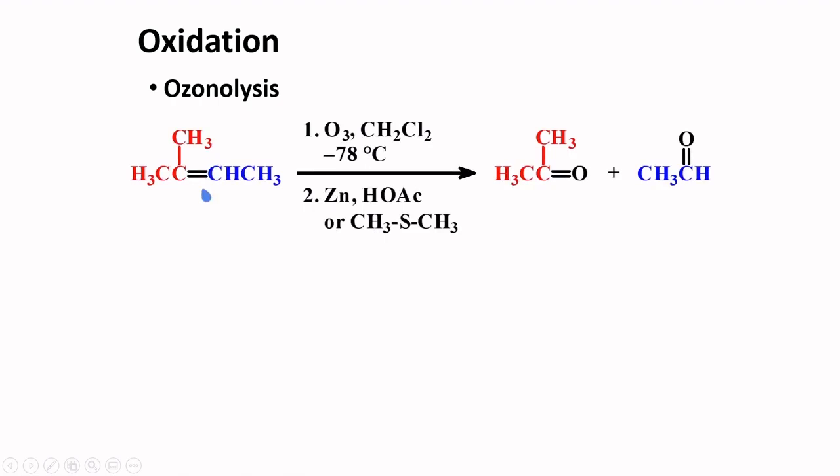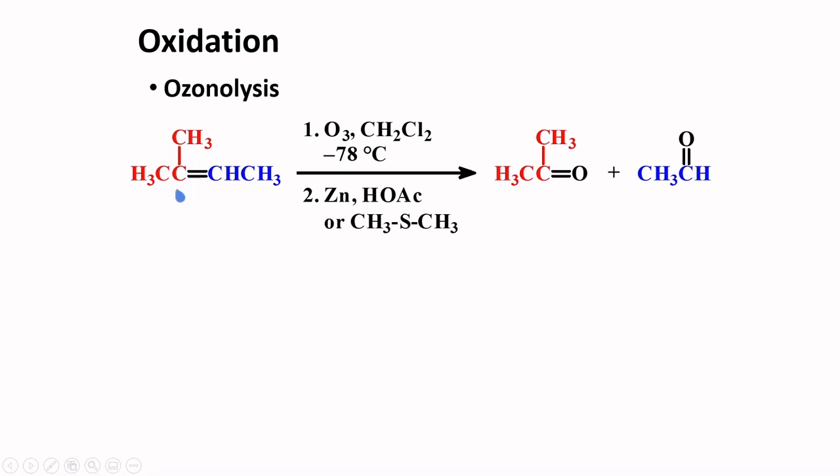Ozonolysis involves the cleavage of the double bond. First, this reaction involves ozone at -78 degrees Celsius, followed by treatment with zinc in acetic acid or dimethyl sulfide. The result is the cleavage of the bond and the formation of aldehydes or ketones. Take note that in this reaction, this double bond is cleaved and an oxygen replaces the atom that is removed.